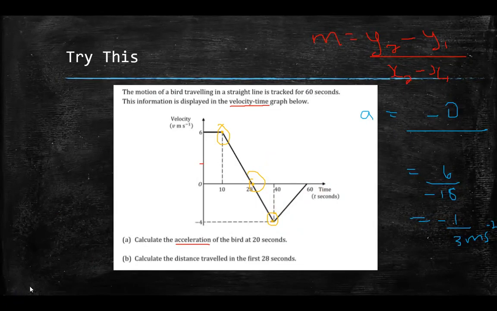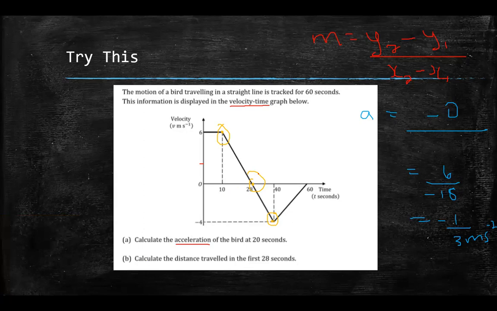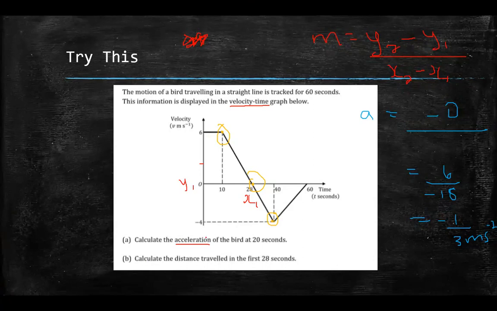Let me use the red. Let's say I want to use this point. So at this point, the x value is 28. Let me use 28 as x1, and the corresponding y value is 0. So that's y1. And let's say I want to use this point here. 40 would be x2, and minus 4 is y2.